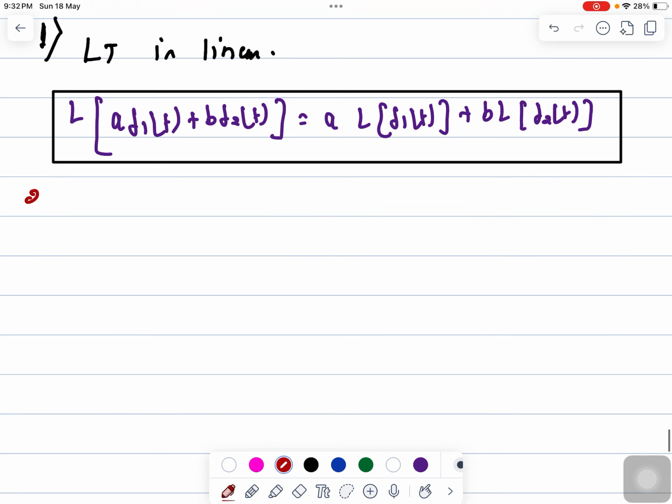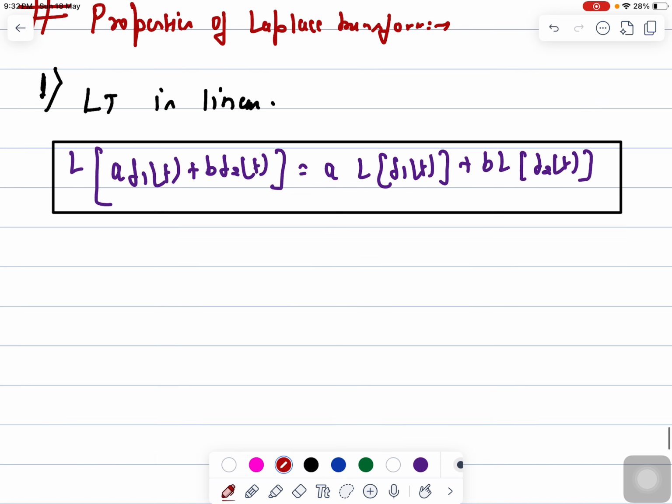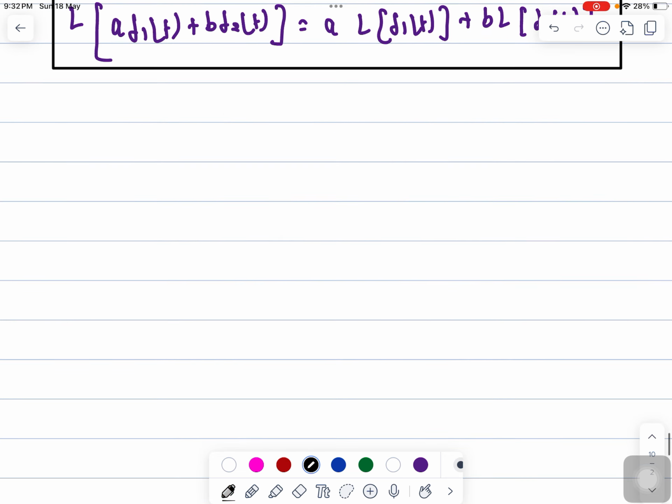Now, based on this particular concept, numericals come in competitive examinations and you will be able to solve them. So let's try to understand what kind of questions can be there on this topic. Let's say you are supposed to calculate the Laplace transform of 2t plus 3 sine 5t.